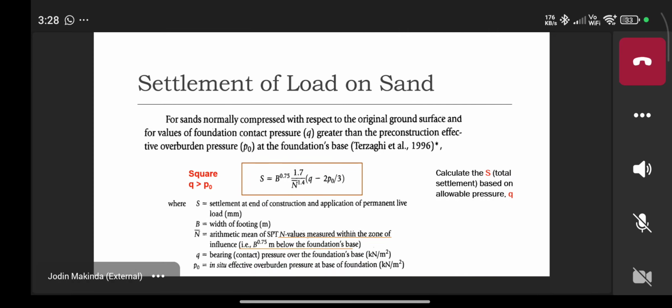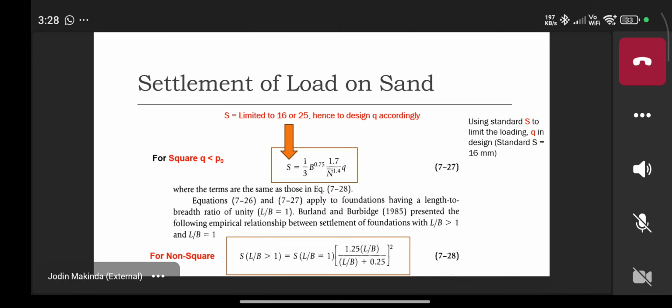If we study the clay layer, P naught is measured from the ground to the middle of the clay layer. But if we study the settlement of the layer of sand, P naught is from the ground to the base of the footing. Therefore, if we use this equation, we can calculate the total settlement S based on the pressures of the foundation that we are designing.